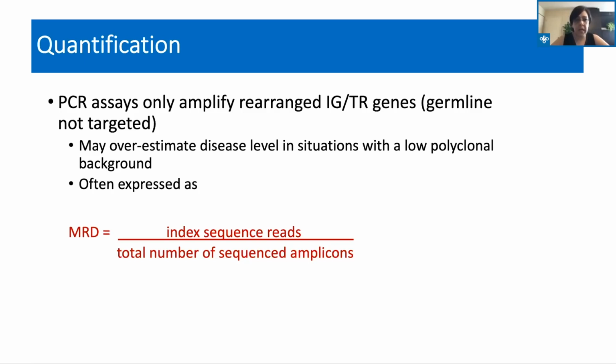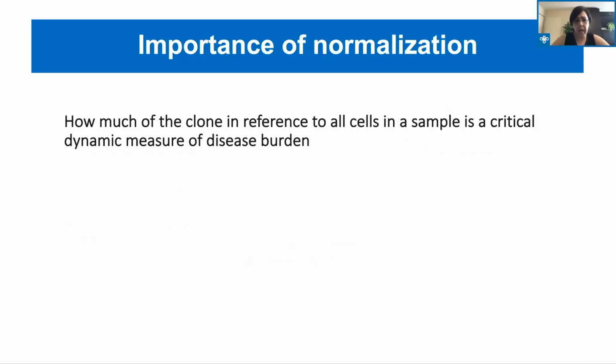So many times you're going to have an overestimate of the disease level in situations where you have a low polyclonal background. If you express the data by the number of index sequence reads, the reads that are associated with the malignancy, compared to the number of rearranged or sequenced amplicons, then you're going to end up with a completely different number than you would with flow.